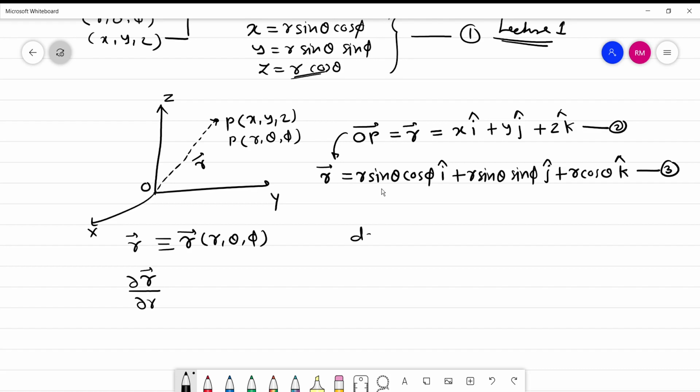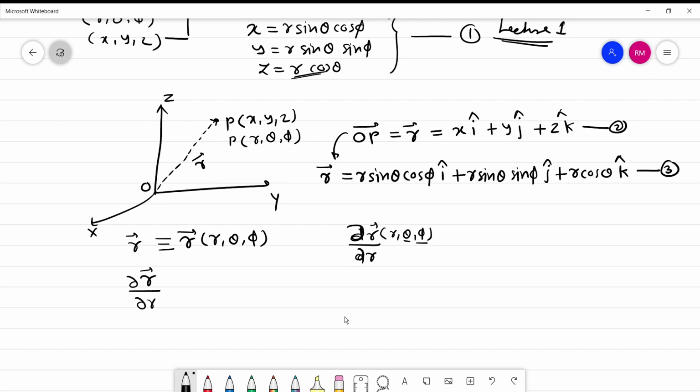You might think I can write it like dr bar by dr, but I cannot write it like this because r bar is a function of r, theta and phi. So I have to consider theta and phi constant. That's why I have to write it with delta, right? Delta means partial derivative. You are taking the partial derivative.